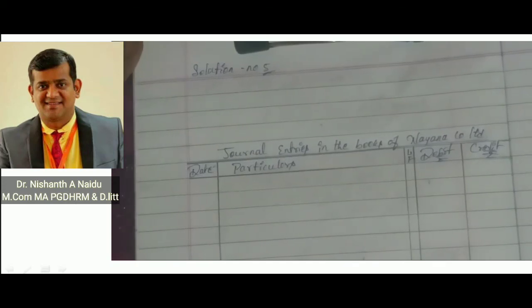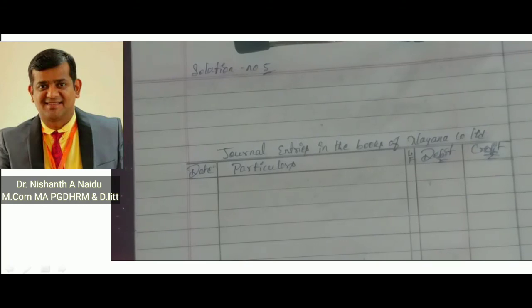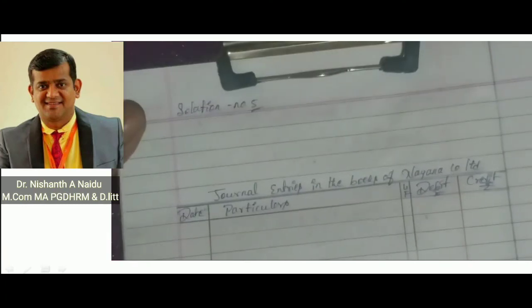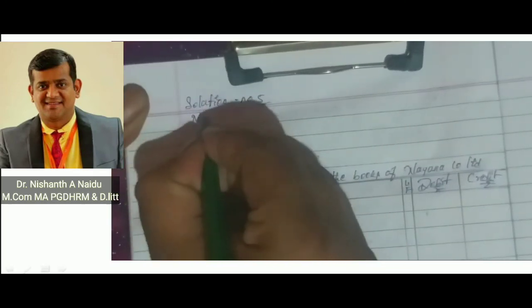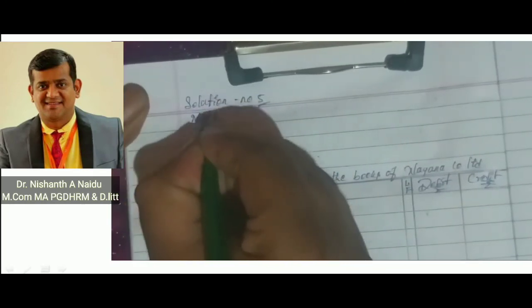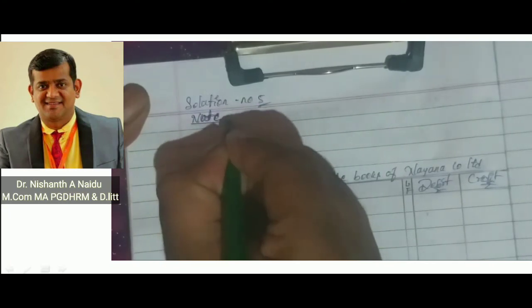In this problem the company has offered the public 30,000 equity shares, but the public subscribed only for 20,000 shares, correct? So we have to show that. Let us make it as a note.